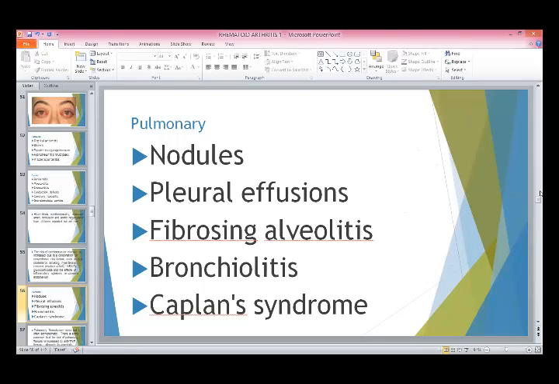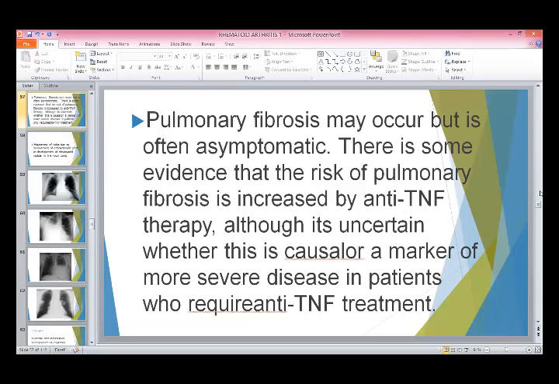Now, pulmonary involvement. A patient can develop nodules in the lungs, pleural effusions, fibrosing alveolitis, bronchiolitis, and Caplan syndrome. Pulmonary fibrosis may occur, but is often asymptomatic.